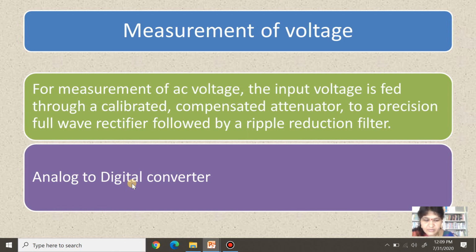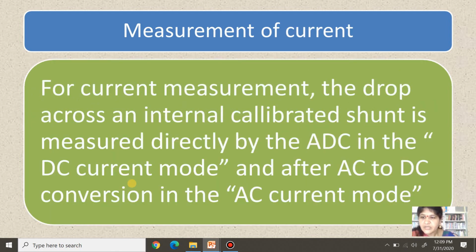Next, the measurement of currents. For the current measurement, the resistance value of the internal calibrated shunt is known to us, and we measure the voltage drop across it.